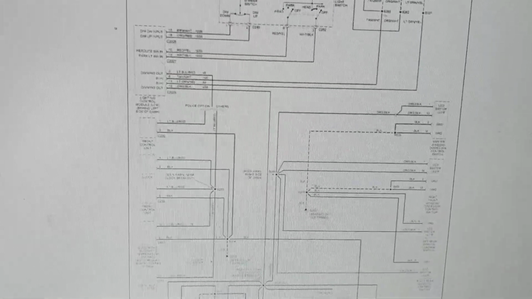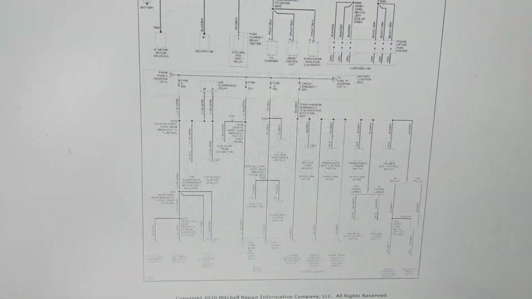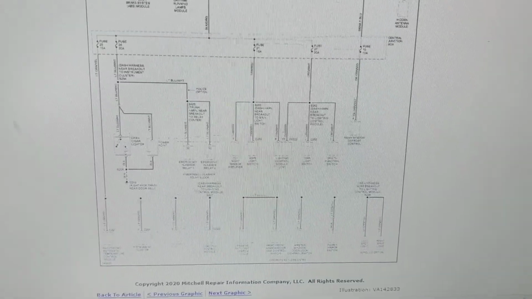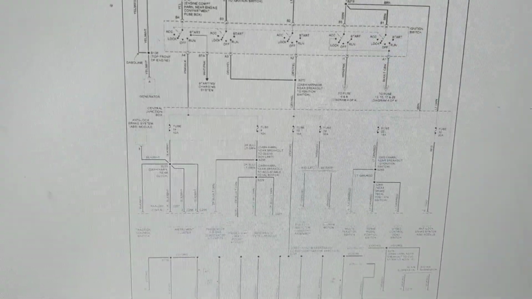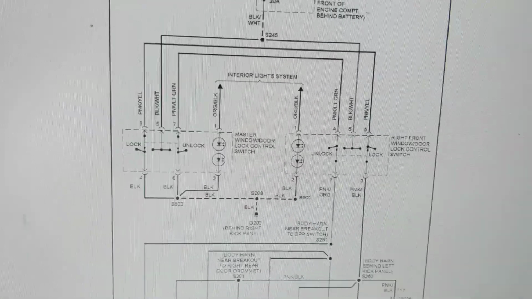Lamp circuits. So you see there's quite a few circuits. This is how the power is distributed. This is how the power is distributed again. Power distributed. Quite a few.